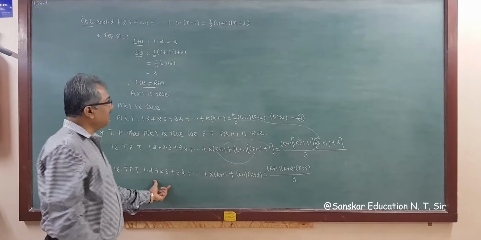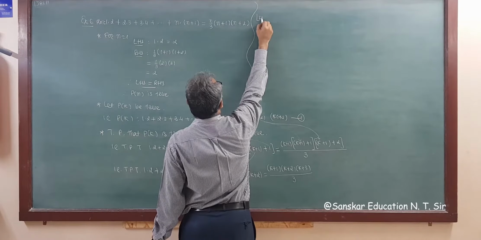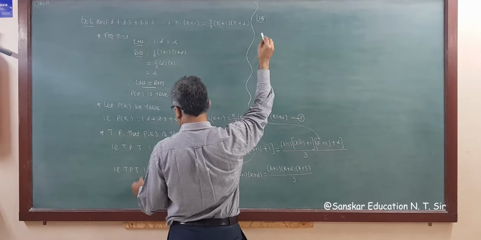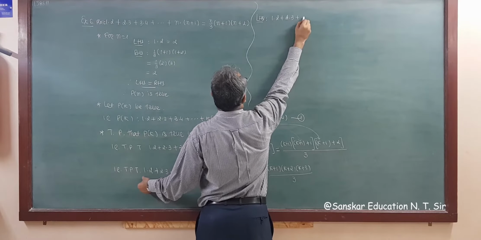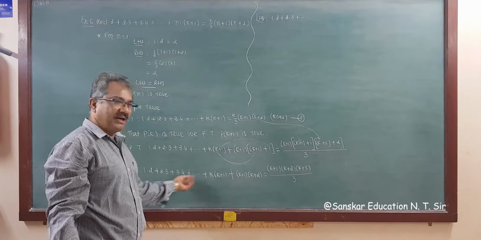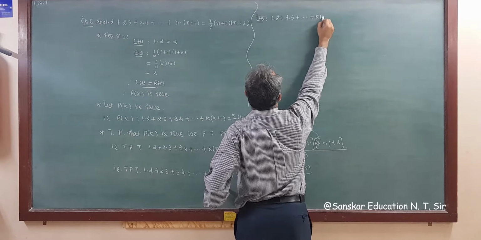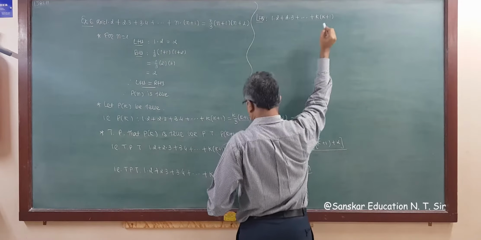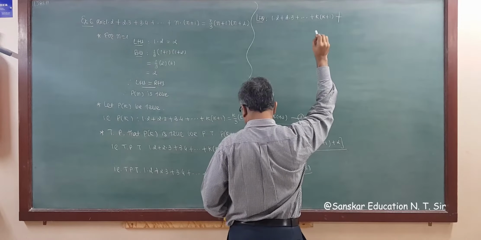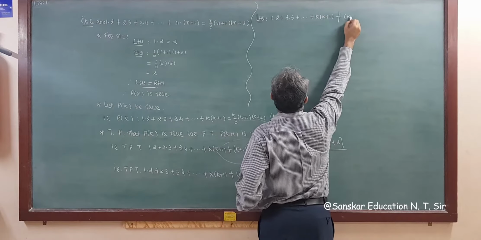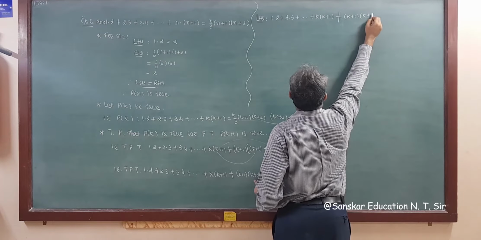Now this is your left hand side. So we are taking the left hand side. So the left hand side is 1 into 2 plus 2 into 3 plus dash. I am not writing the third term, I am writing the last term directly, right? So plus k into (k plus 1) plus, see I am writing a big bracket, (k plus 1)(k plus 2).